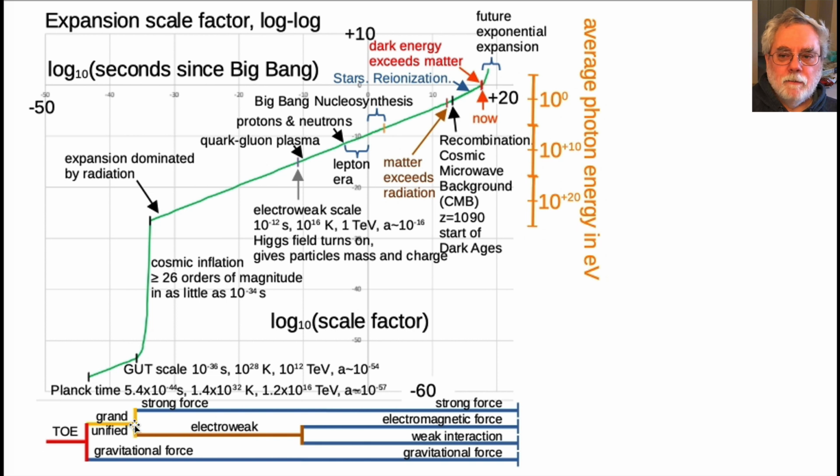Prior to 10 to the minus 36 seconds, the electroweak forces and the strong nuclear force are believed to have been unified, grand unified, and elementary particles were different in that grand unified epoch than later or today. You can read more about the grand unified theory.